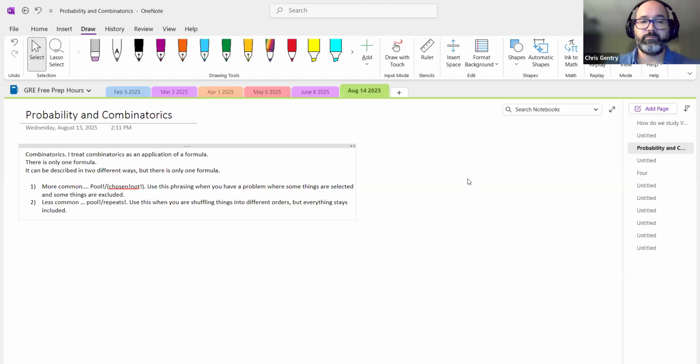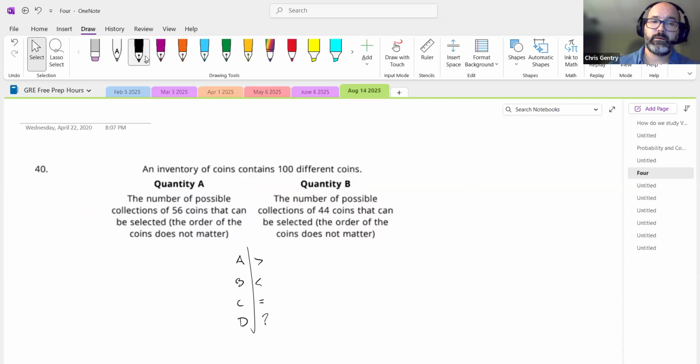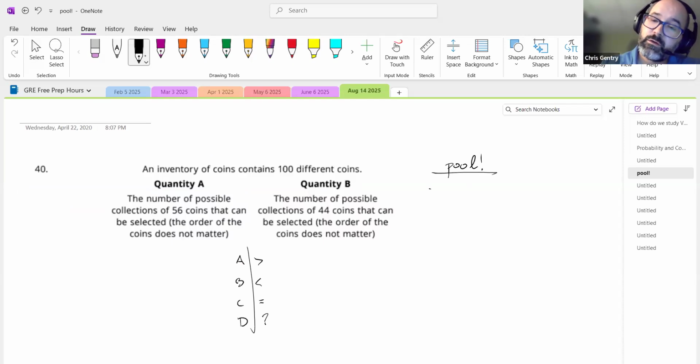So coming back to this first one. Respond in the chat or on microphone. Microphone would be nice as well. Which feels more appropriate for this one? Pool over chosen factorial, not chosen factorial, or pool factorial over repeats factorial?